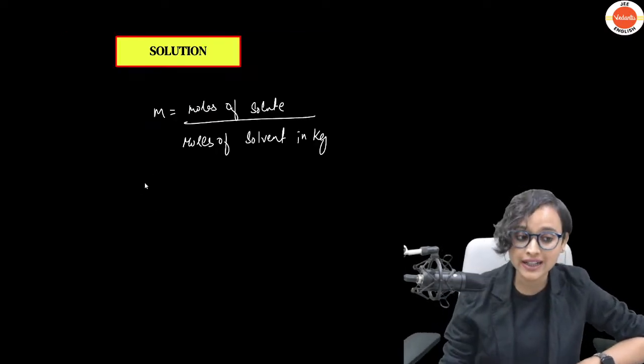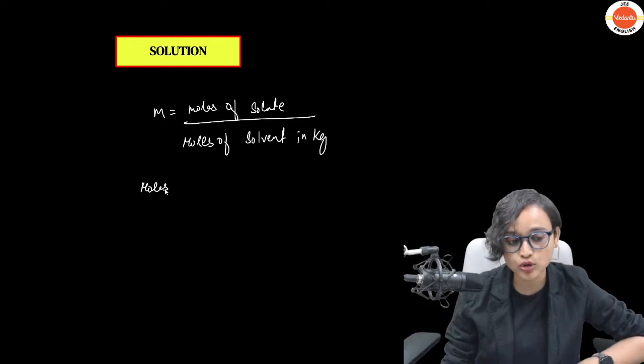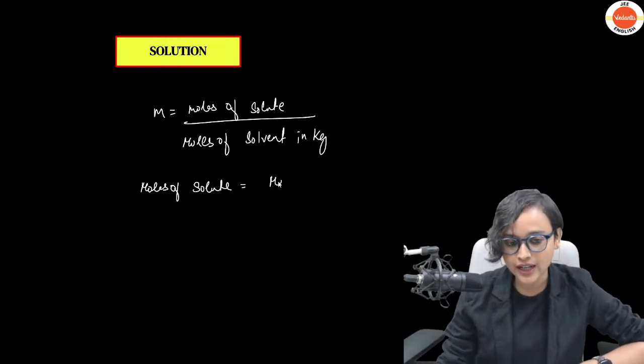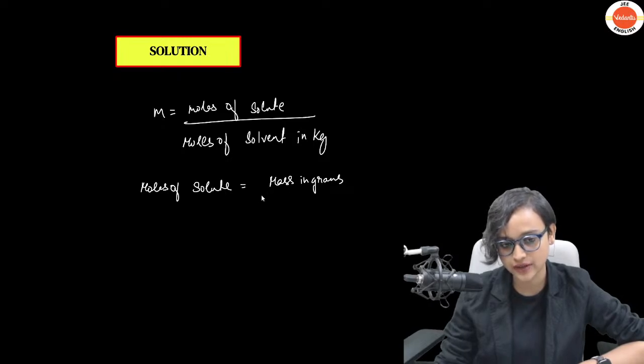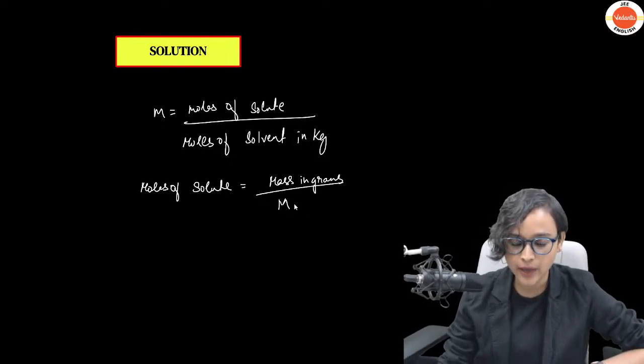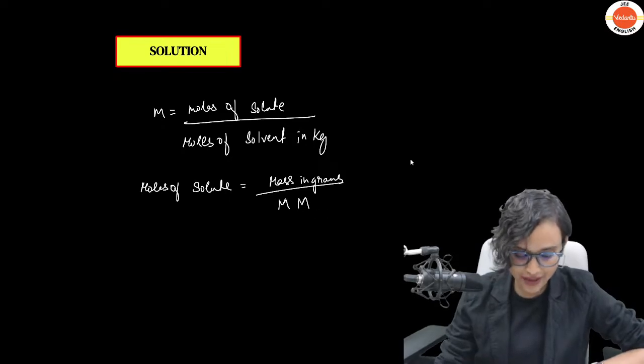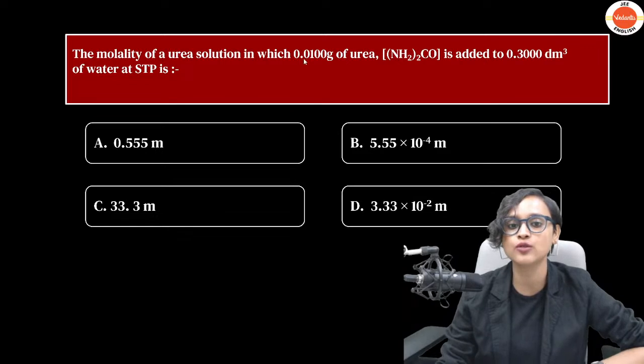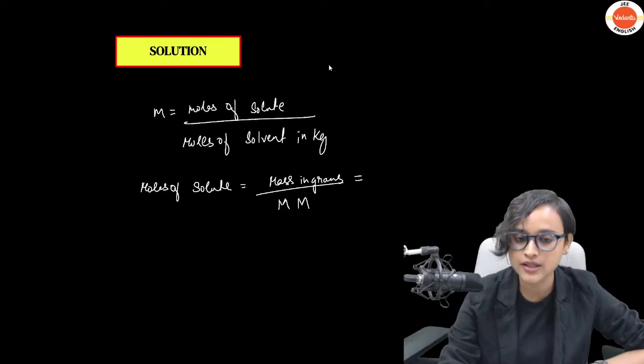But if you remember, in class 11, you have learned moles of solute. How do you calculate moles of solute? You calculate it as mass in grams that is given to you, divided by molar mass. Now, mass that is given to you is, as you can see, 0.0100 gram.